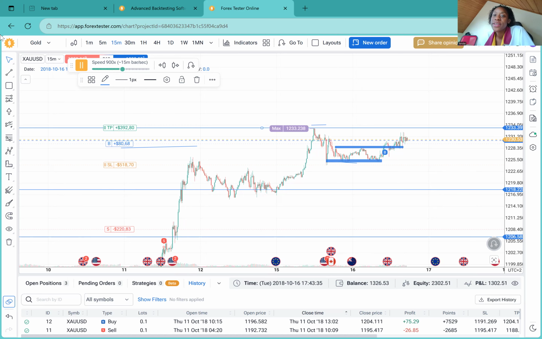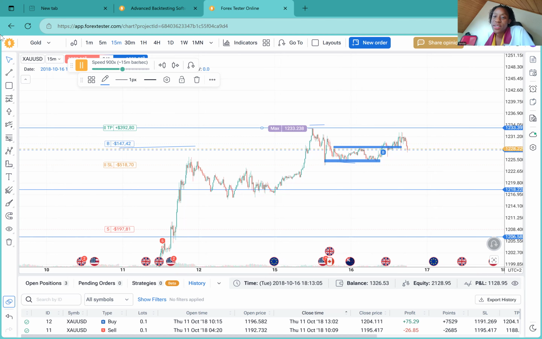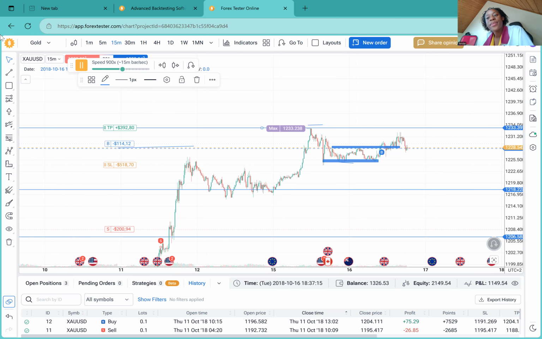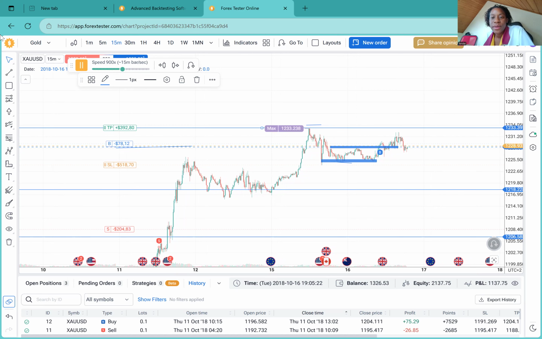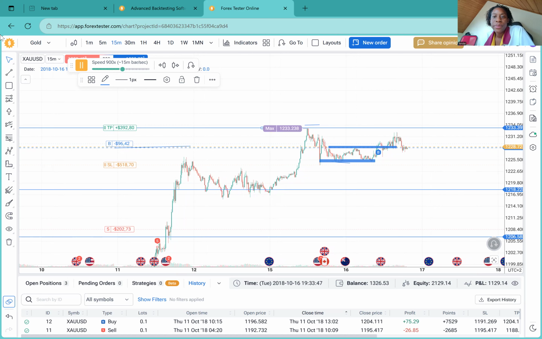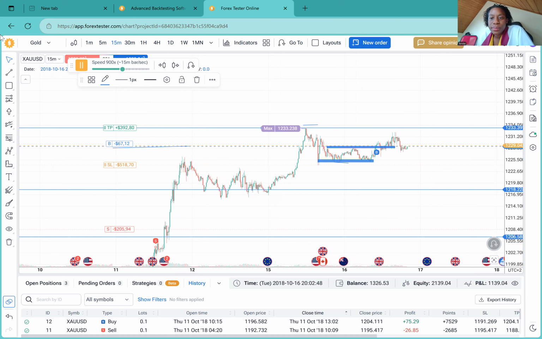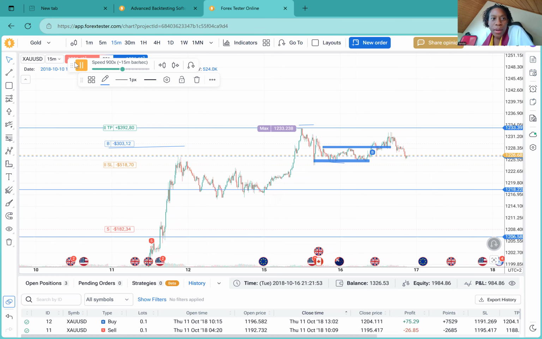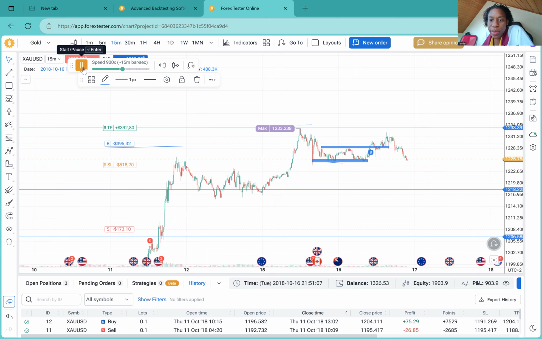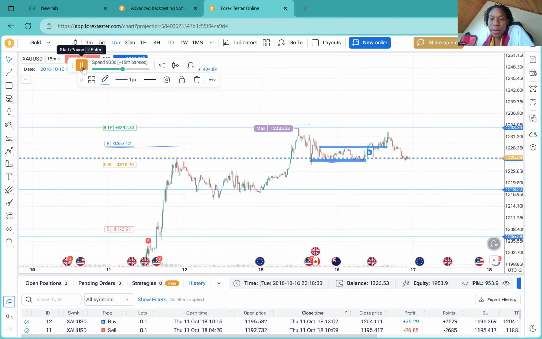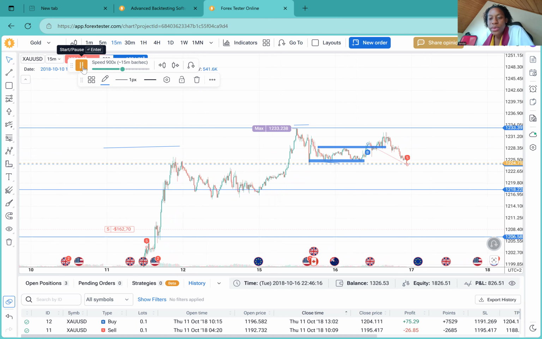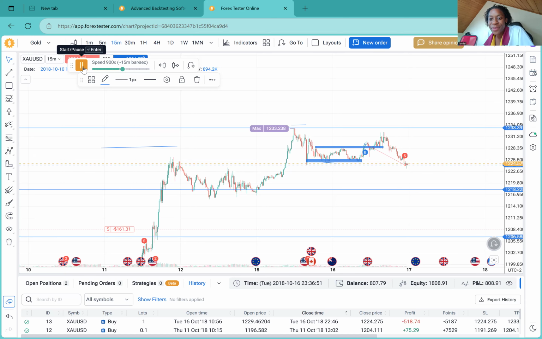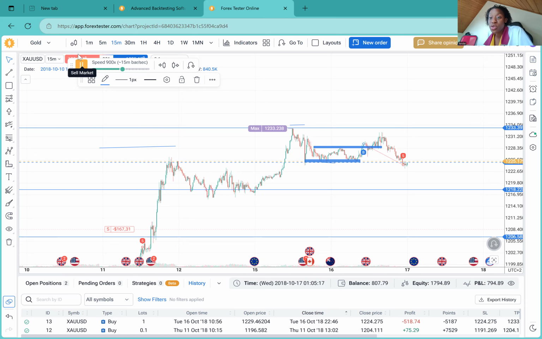You see how significant that area is? Very, very significant. Price is going back to it, and okay. Price is now on our bottom support line, that's where price is, and boom, our stop loss has been hit.